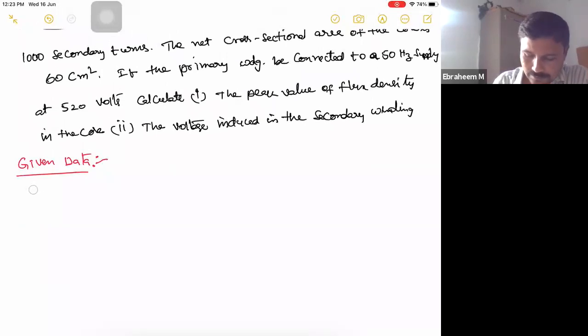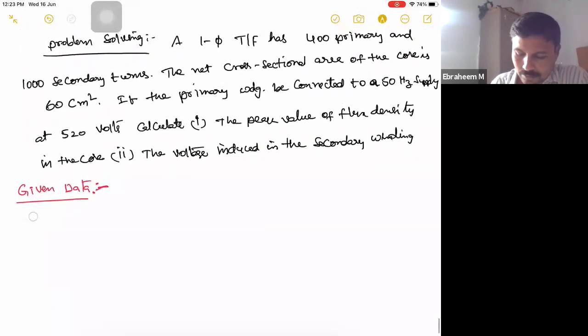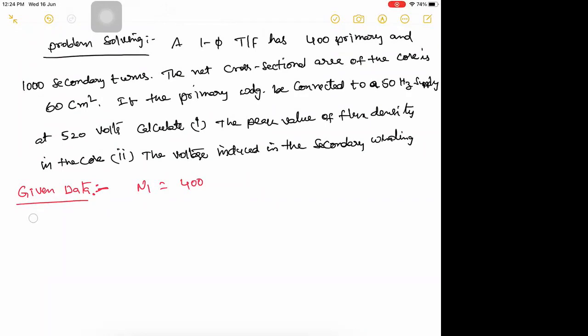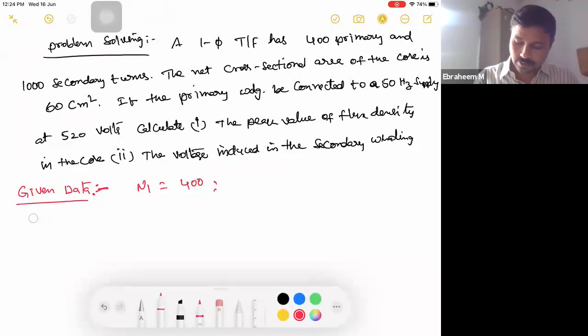So the given data is N1 is 400. You should not write N1, N2 like this.